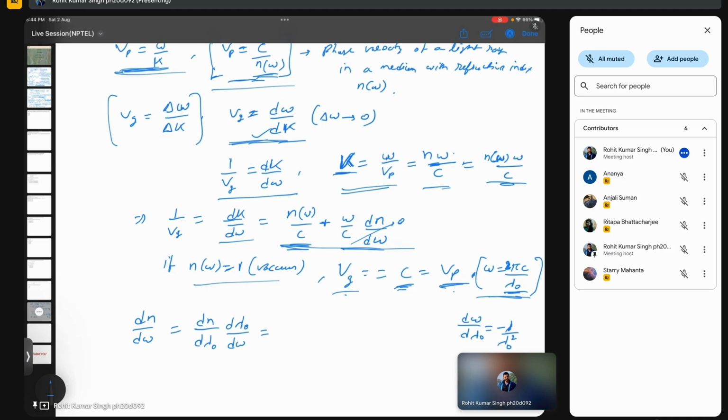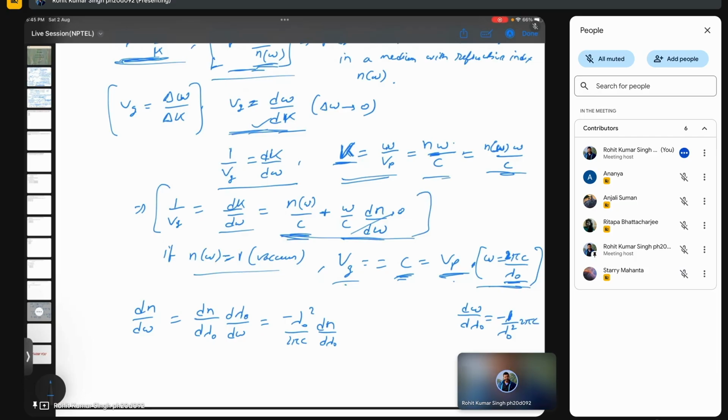You can substitute that here, so you have lambda naught square by 2 pi c, and dn by d lambda naught remains as it is. Now using this relation, we can write the group velocity.